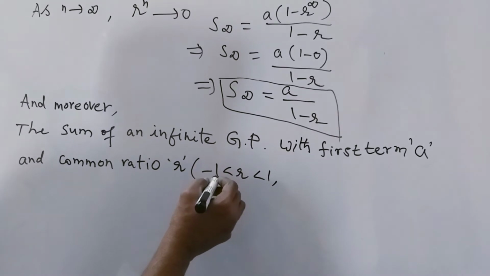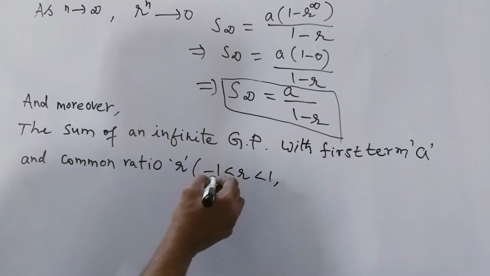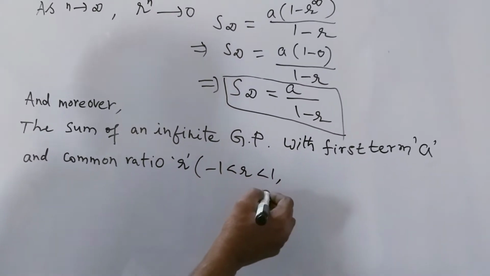That means here r value lies between minus 1 and plus 1.